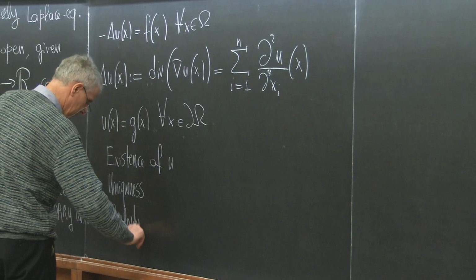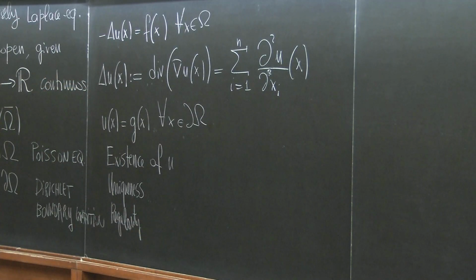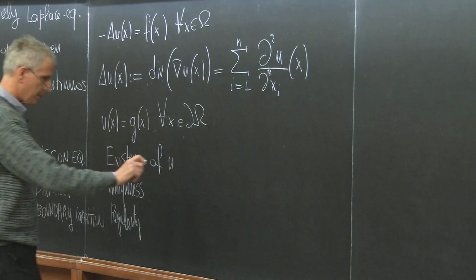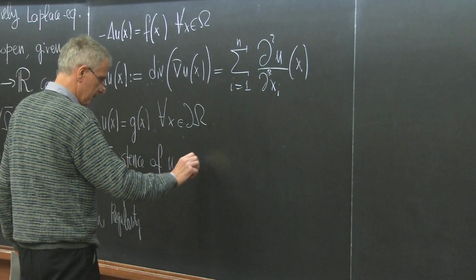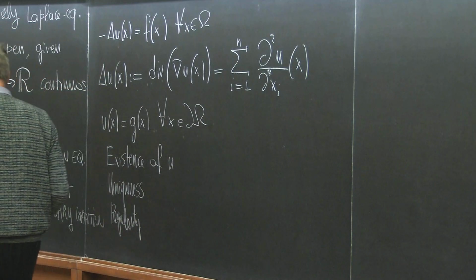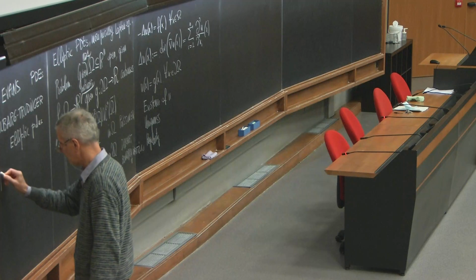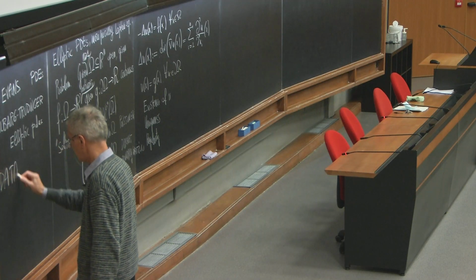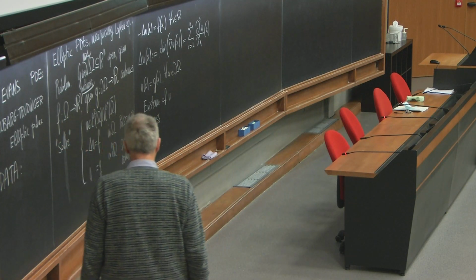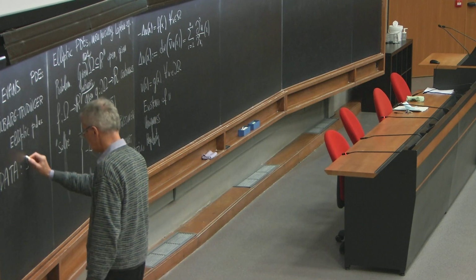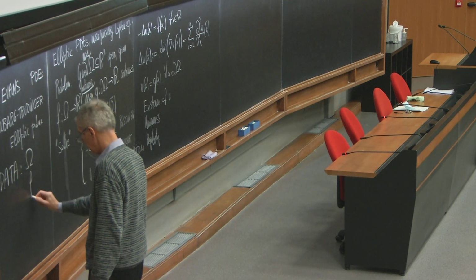We will see something. All of this depends essentially on the data that we have. The data of the problem are omega, f, and g.